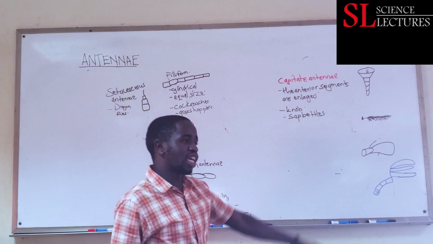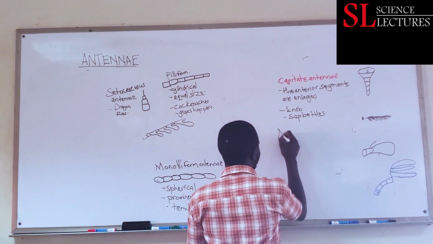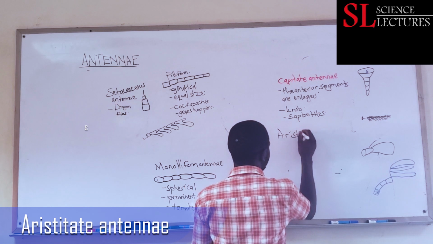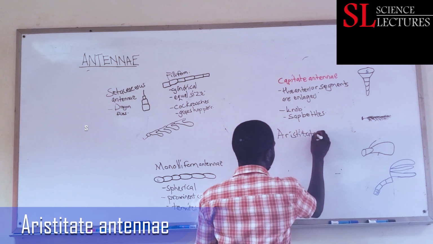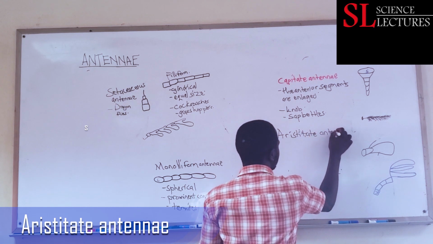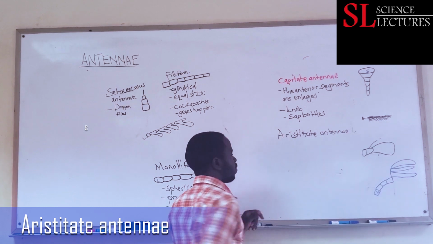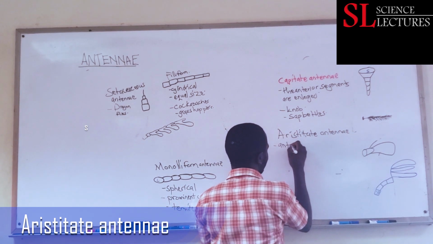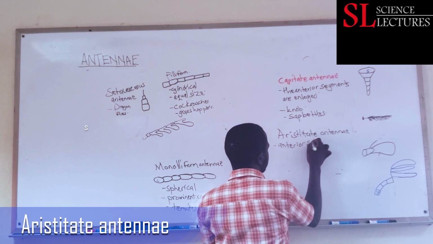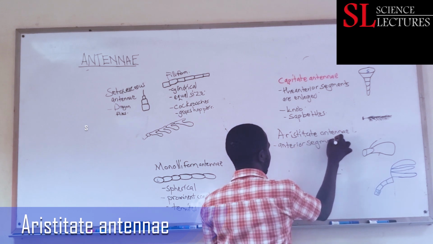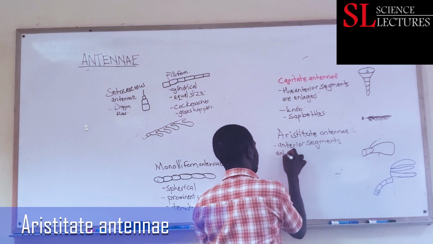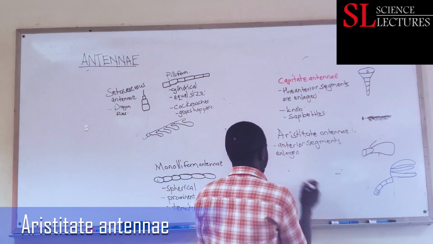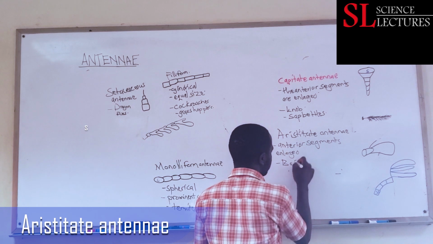Next, I want us to look at what they call aristate antennae. Aristate antennae is where you have the anterior segments enlarged, but subtended by or surrounded by bristles.